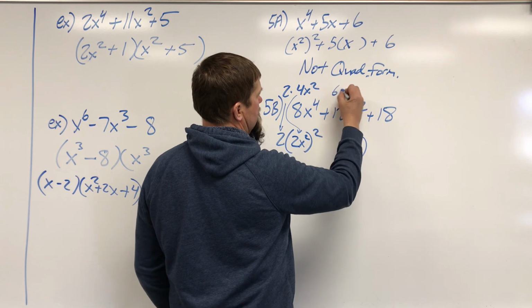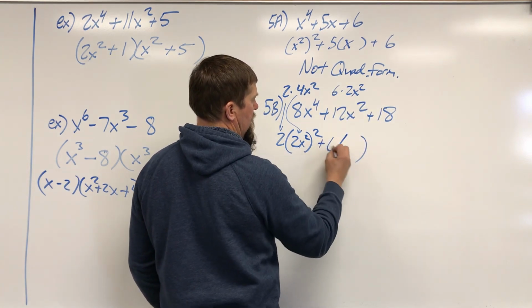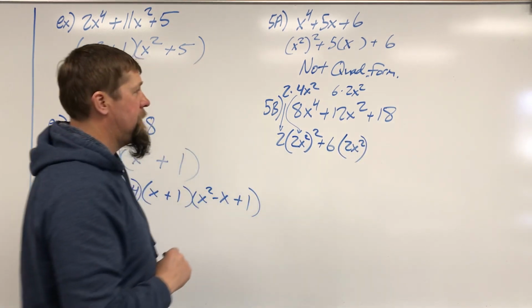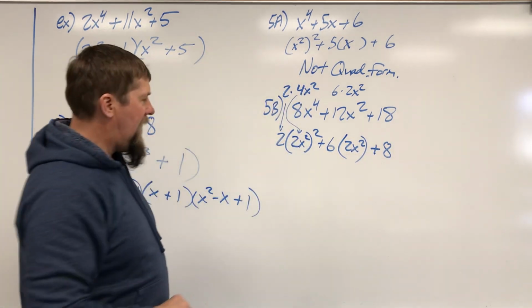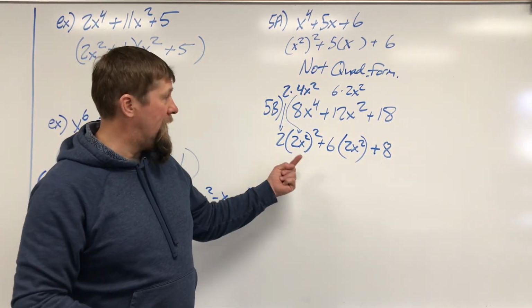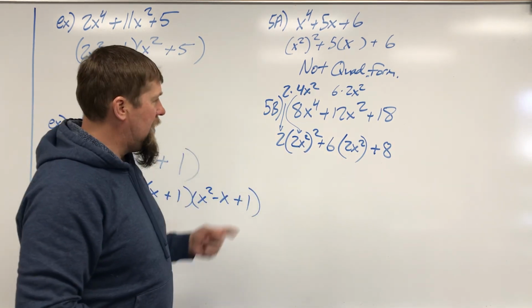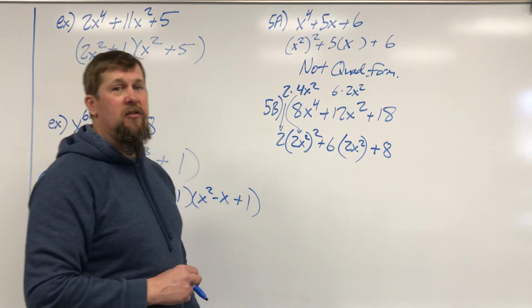This is also a 6 times 2x squared. So actually that would be a plus 6 on the outside and a 2x squared on the inside, plus 8. So it can be written in quadratic form, but I believe I tried to factor it from here and I could not do it. It is not factorable.